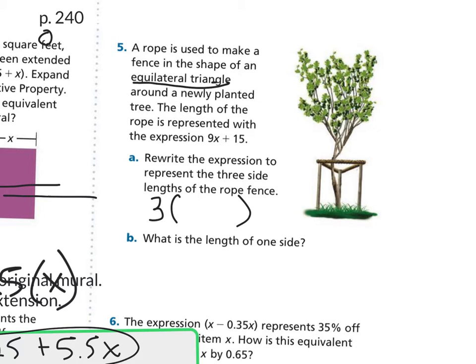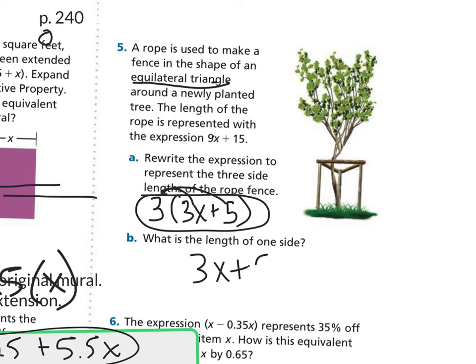We're thinking about 3 times what to get 9x? Well, 3 times 3x would be 9x. And then 3 times what would be 15 would be 5. So this would be an expression that would be equivalent to that. And from that, we would know that the length of one side would just be 3x plus 5.